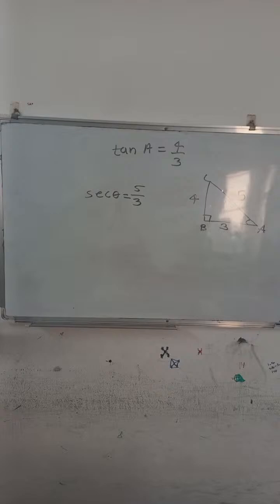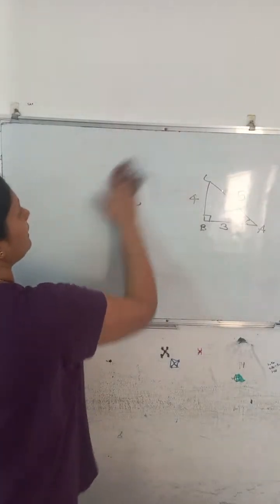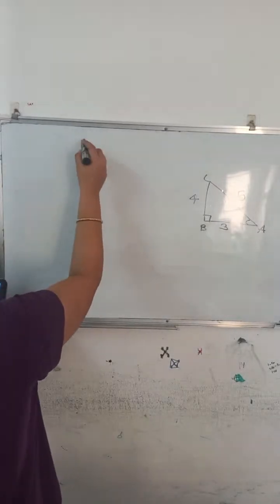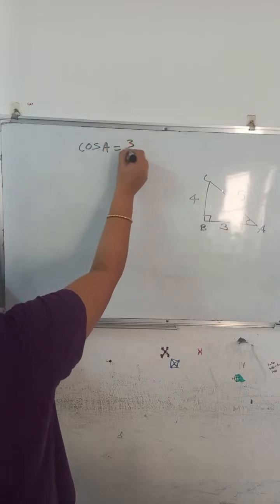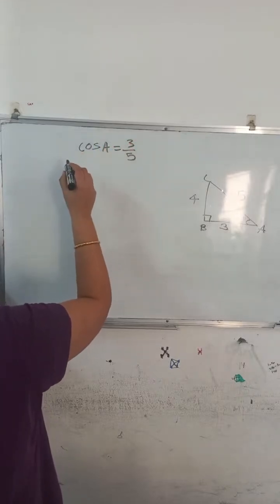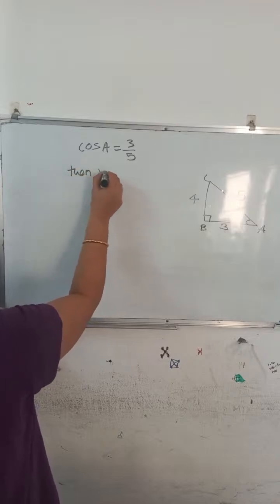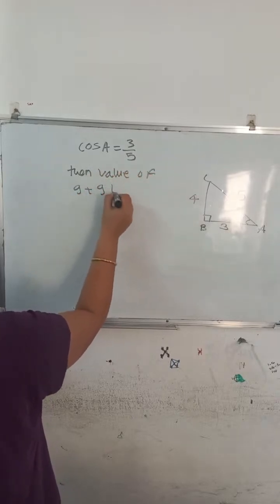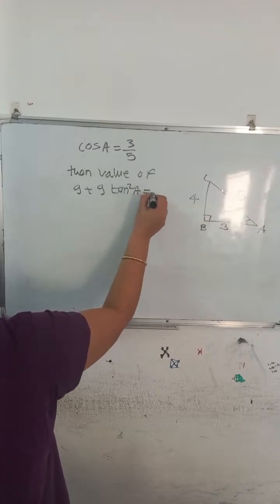Okay. Now write down the next question. If cos A is equal to 3 by 5, then the value of 9 plus 9 tan square A is equal to.